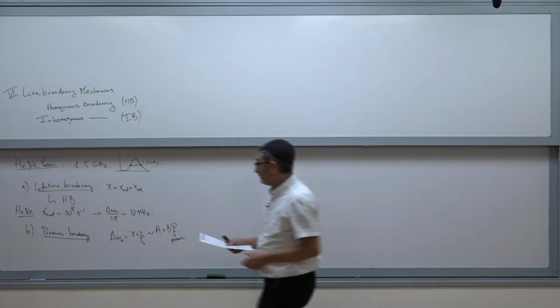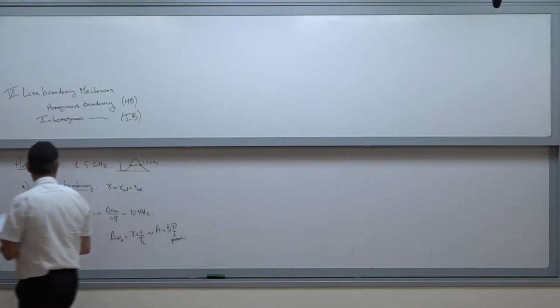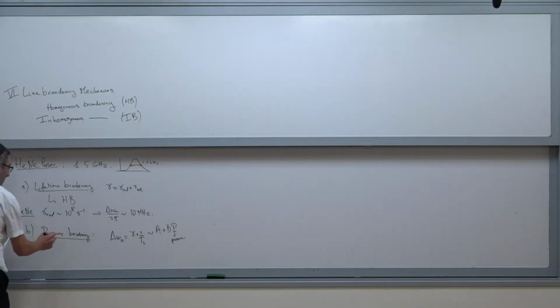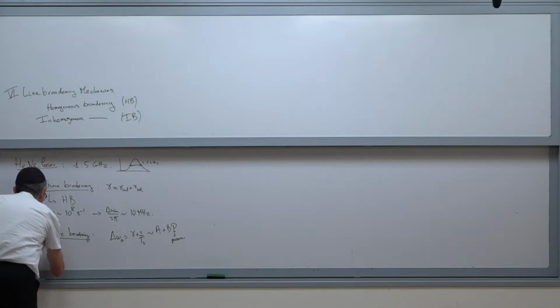So what is the degree of line width broadening due to pressure in the HeNe laser? Here we consider the line at 632.8 nanometer, and the line width is about 70 megahertz per torr.